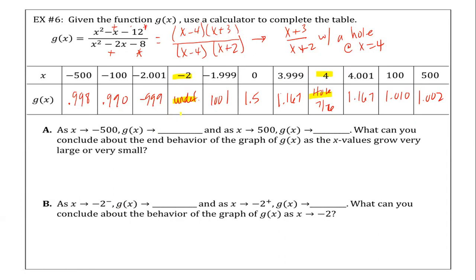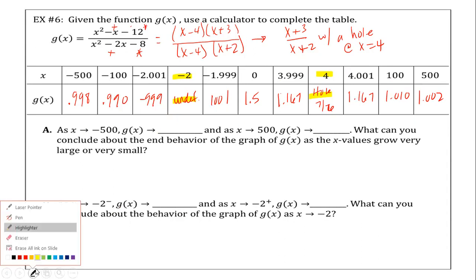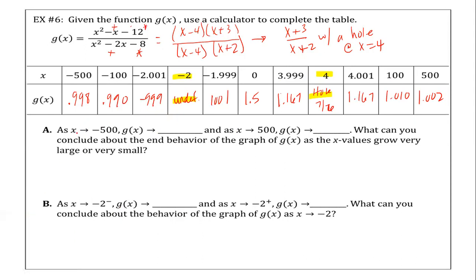So this is asking for a specific value. It says as x goes to negative 500, so as x is heading towards negative 500, what is happening to my numbers? They're getting closer to what? To 1.